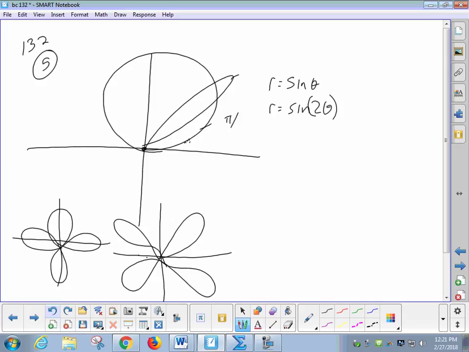At pi over 6, what's sine of pi over 6? 1/2. At pi over 6, what's sine of 2 pi over 6? Root 3 over 2. So which is bigger at pi over 6, the sine of theta or the sine of 2 theta? Sine of 2 theta.